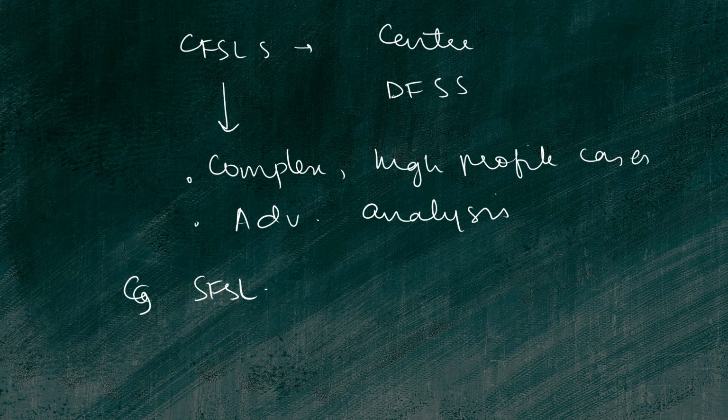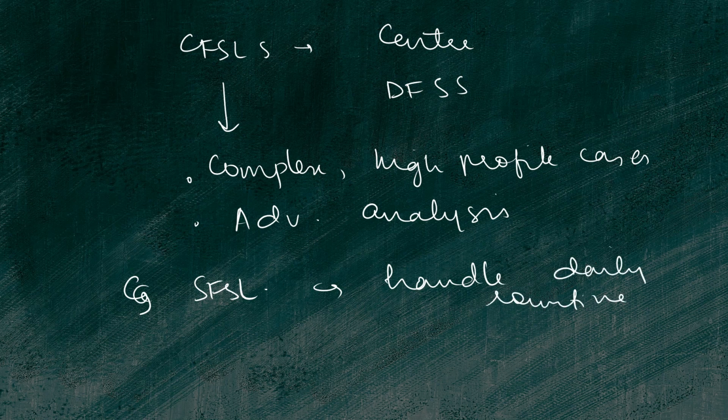So these SFSLs handle your daily routine local cases. If you have some complex cases present in the SFSL and they are not able to do the proper analysis, these evidences can be sent to the CFSLs for expert analysis.